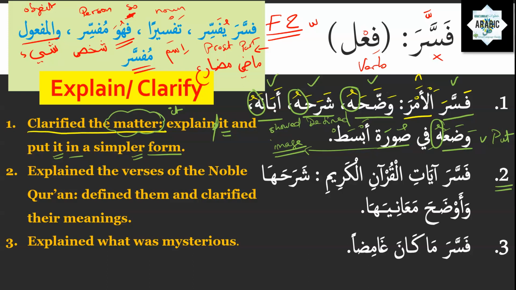Fassara ayat al-Quran al-Karim. That refers to the verses, ayat, of the noble Quran. In Arabic it's al-Quran, and we pronounce the A long. So what it means is sharaha, and look what we're doing here. We have also a verb, same thing, a reference to it.